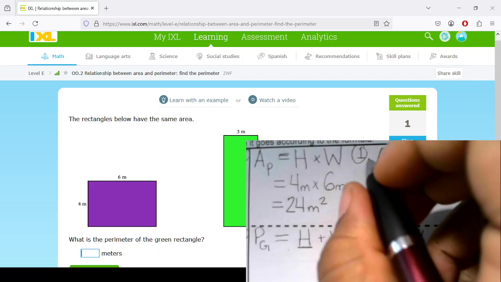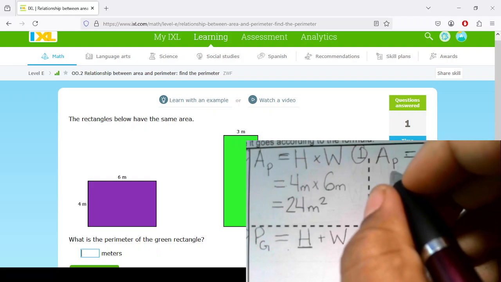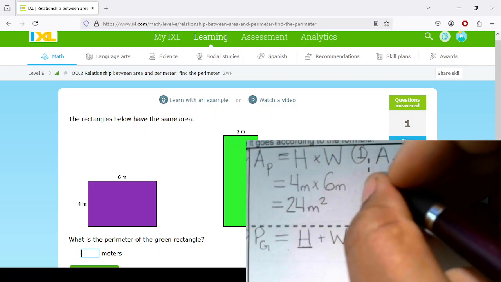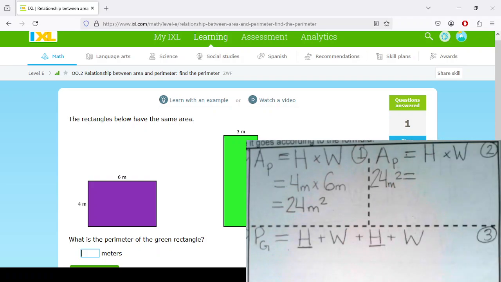And I know the area is 24 square meters because they told me that the rectangles have the same area. They told me that they have the same area. So the purple rectangle has a 24 square meter area. So does the green rectangle.